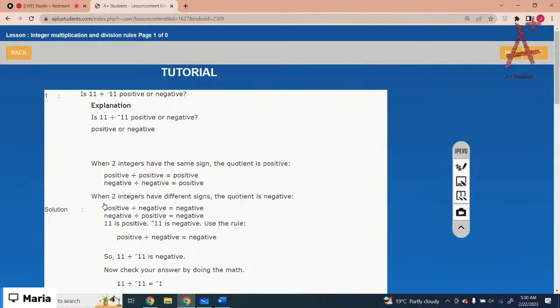When two integers have the same sign, either both are positive or both are negative, in both cases the answer must be positive. Got it?